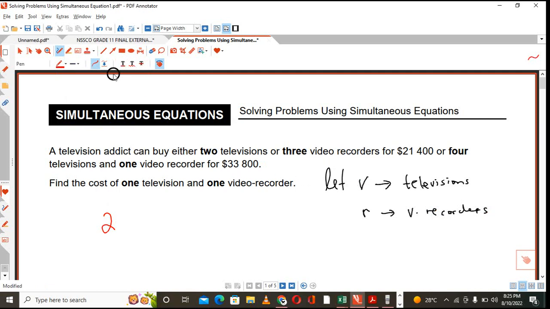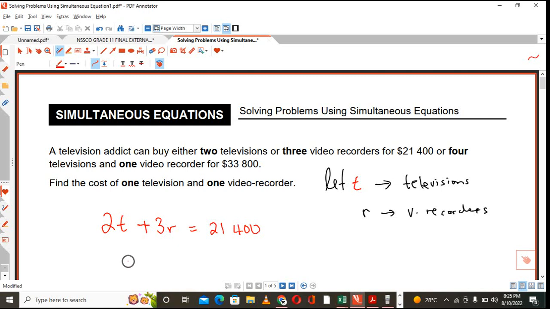Let's rather use the letter T for television, so that my R does not look like my V. So 2T for televisions plus 3R for video recorders, that costs 21,400 Namibian dollars. At the end we are going to revert back to the units, so there's no point in putting the units here.